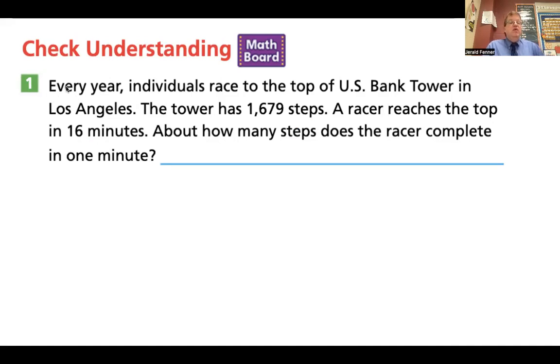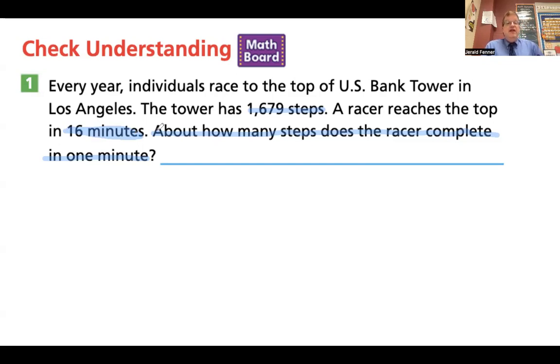As always, we first need to find the question. Question is about how many steps does a racer complete in 1 minute? What's our numbers? It has 1,679 steps. He gets to the top in 16 minutes. Okay, you'd probably need to call an ambulance for me if that were the case.